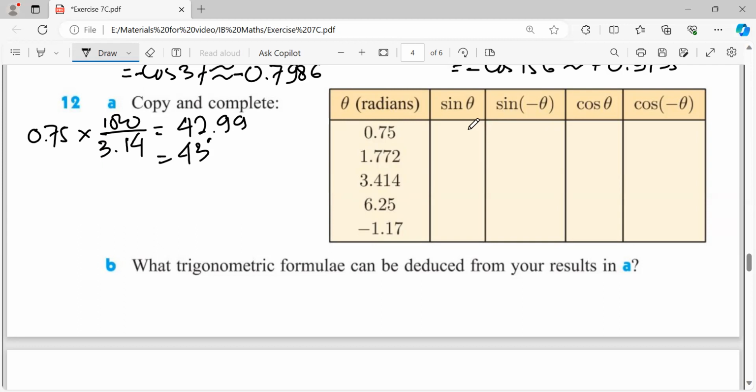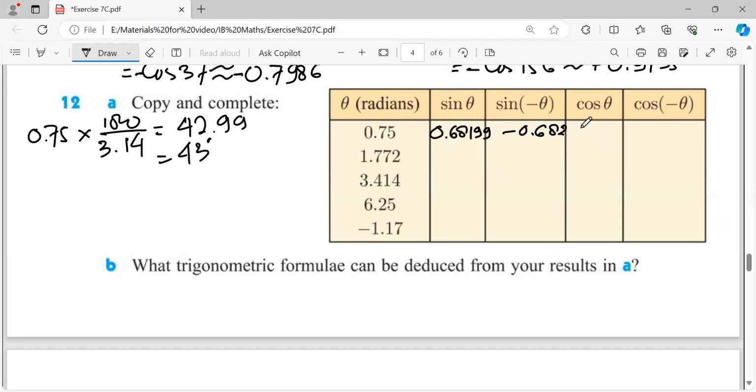So sine 43, if you check on your calculator, it is 0.68199. It means sine of negative 43 is negative 0.682. Okay.